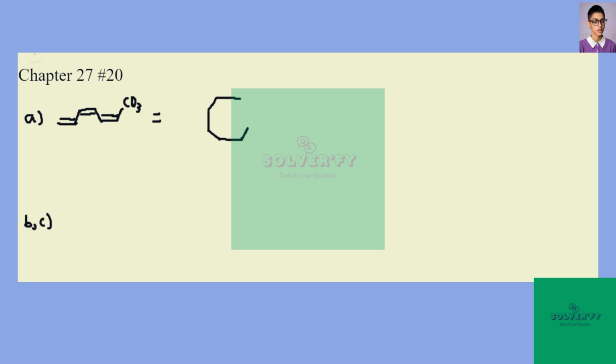There's a double bond, there's a double bond, and there's a double bond. Our three deuteriums are going to be coming off of this carbon. So deuterium, deuterium, deuterium. And then it is a 1,7 sigmatropic rearrangement.